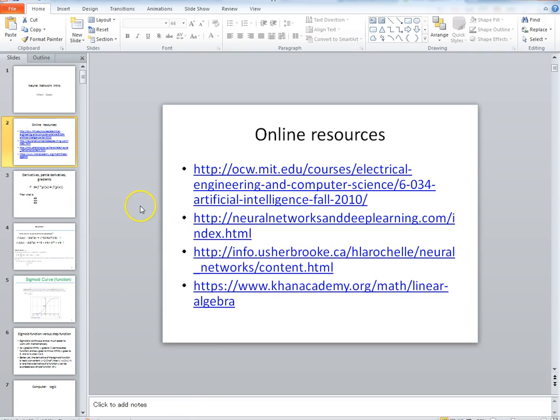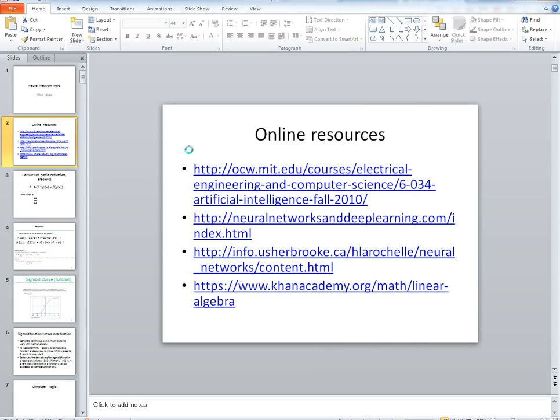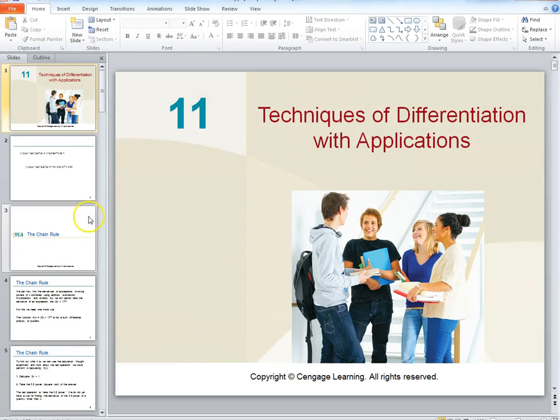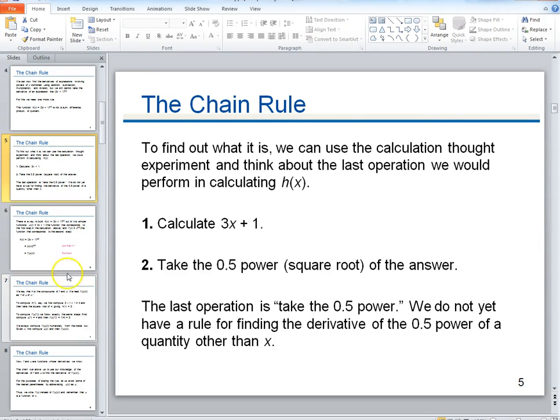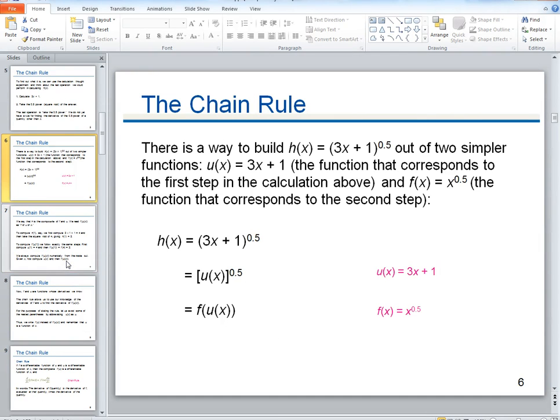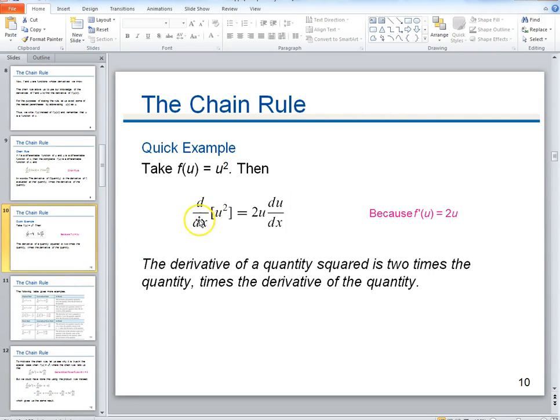Now, in order to do neural networks properly, you have to have studied some calculus. So how many people have studied this symbol here, just this part here?